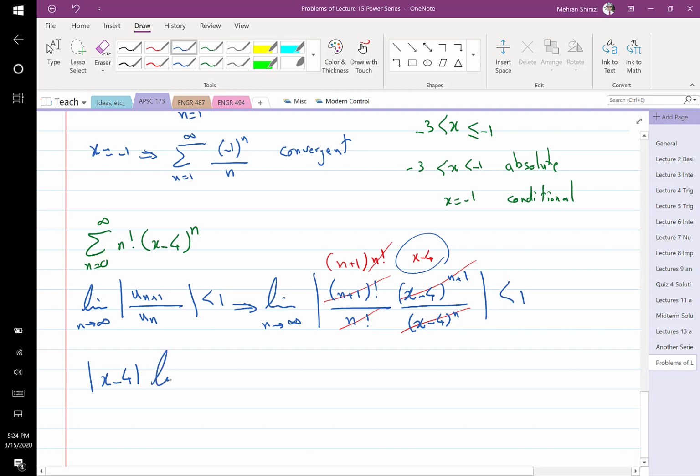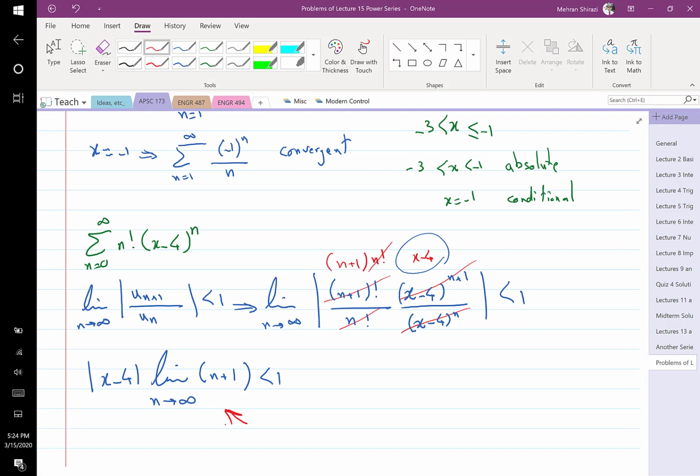The only thing dependent on n, and therefore affected by the limit as n goes to infinity, is n plus 1. This must be less than 1. However, this thing is becoming bigger and bigger, and the limit at infinity is infinity, so it's never less than 1, except at one point.